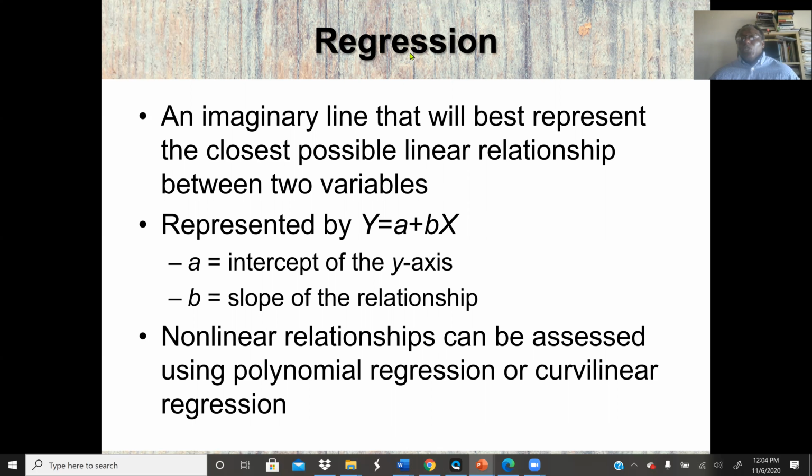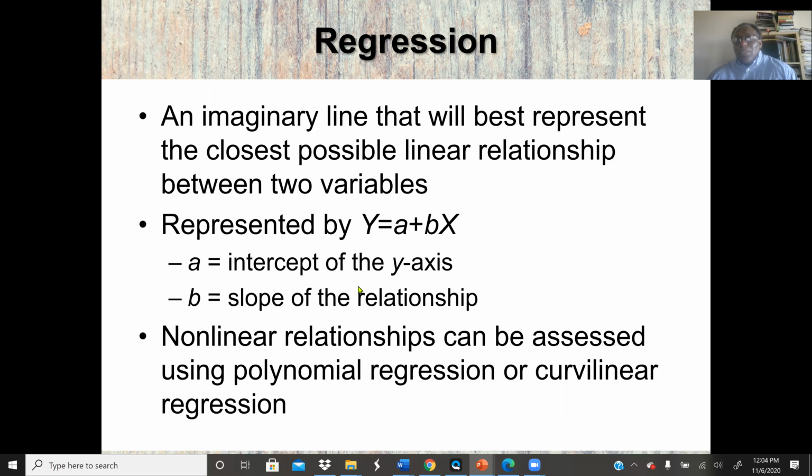So regression also is used for predicting. We have different types of regression, from non-linear to linear. Here we are studying only linear. Non-linear can be logistic regression, which is a very good example. So regression gives an imaginary line that will best represent the closest possible linear relationship between two variables, and is represented as y equals a plus bx.